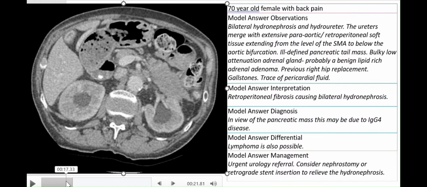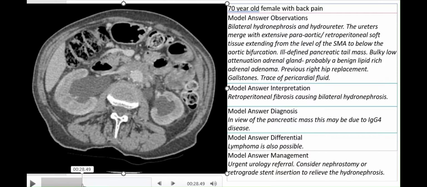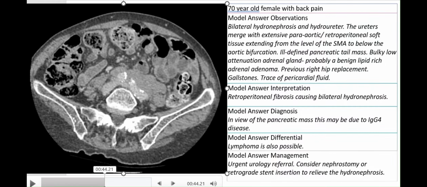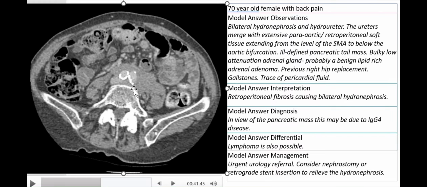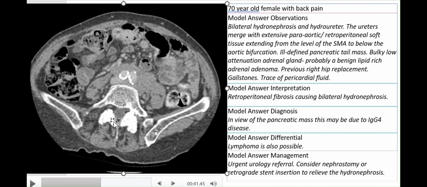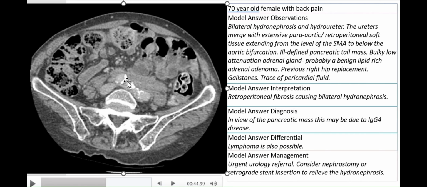So the mass started from here and extends downwards to, this is the level of the aortic bifurcation. The mass is still seen, okay? So the mass is extending below the level of the aortic bifurcation.